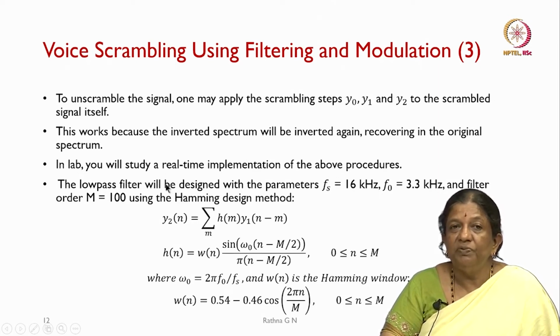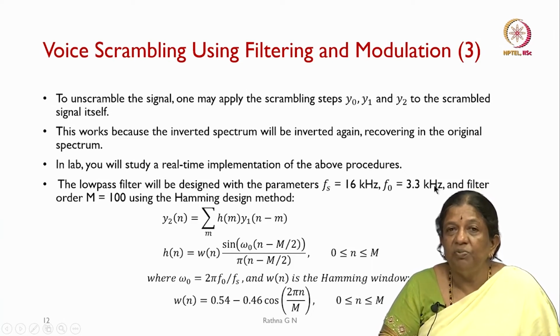The low pass filter will be designed with parameters fs as 16 kilohertz and f naught equal to 3.3 kilohertz. Approximately, you can take it as 4 times. If you assume 4 kilohertz as f naught, then 4 into 4 will be 16 kilohertz. So, you are choosing your sampling frequency as 16 kilohertz.